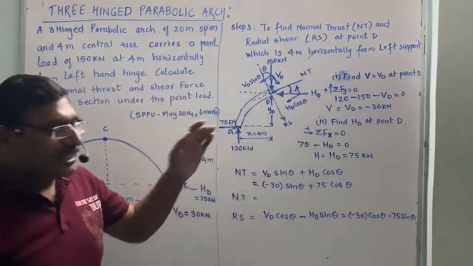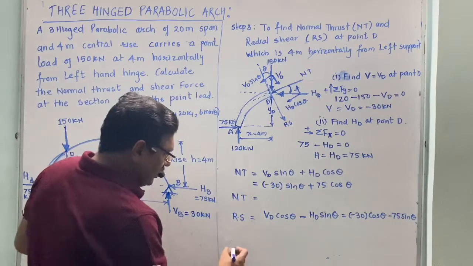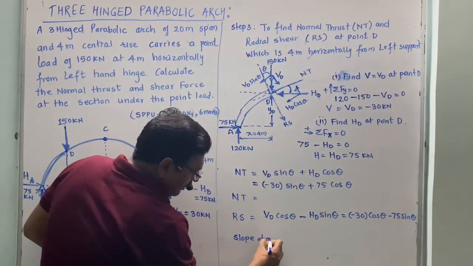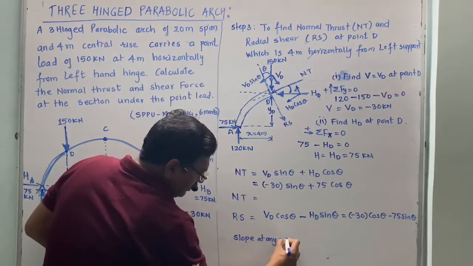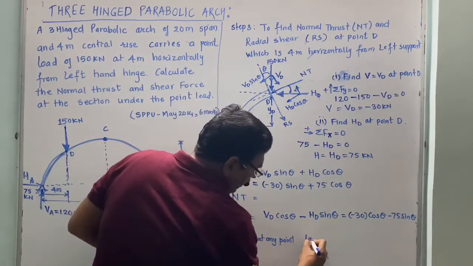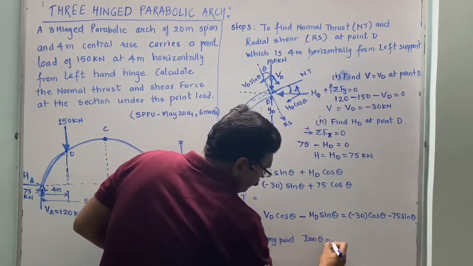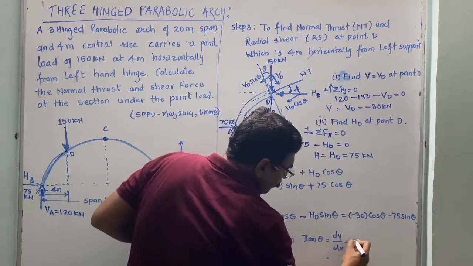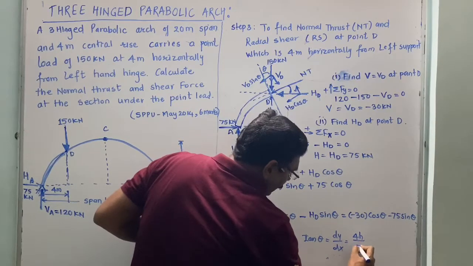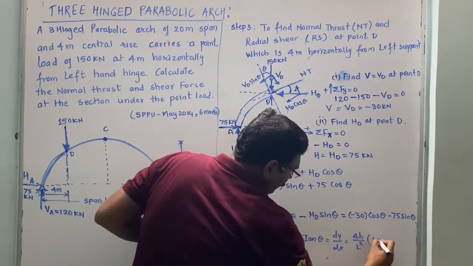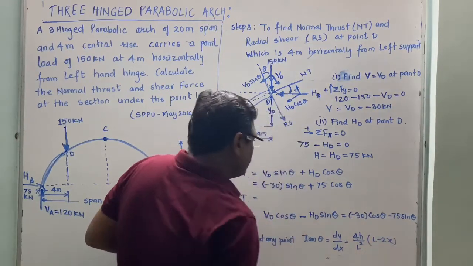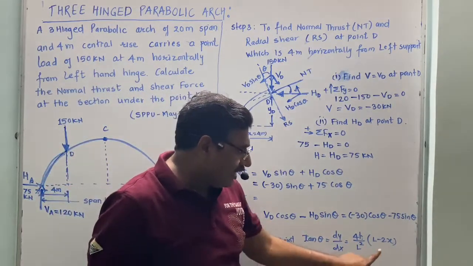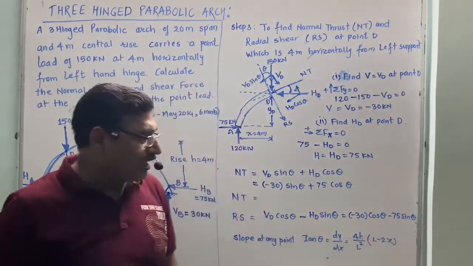Now to calculate theta at any point, we have the formula for slope at any point. Tan theta is equal to dy by dx, which is 4h upon L square into L minus 2x. We know that h is the rise, L is the span, and x is the position at which we have to calculate theta.